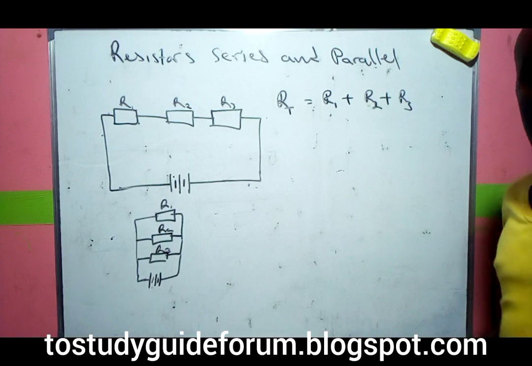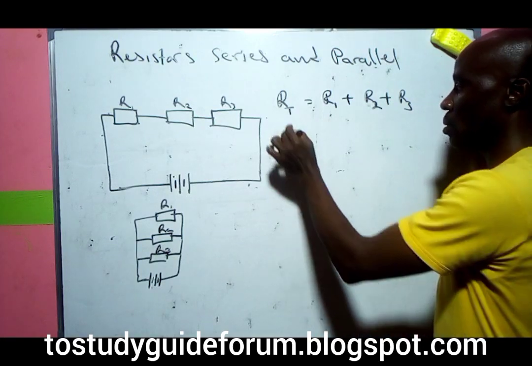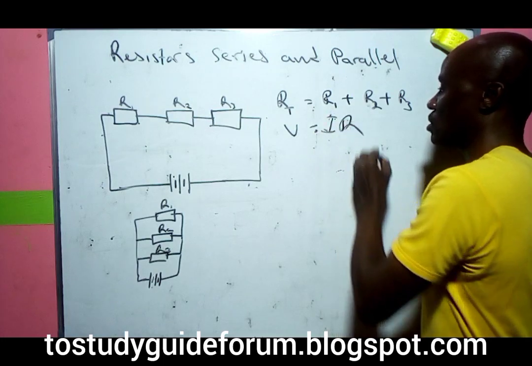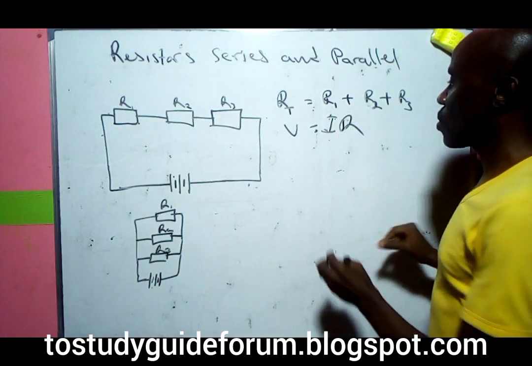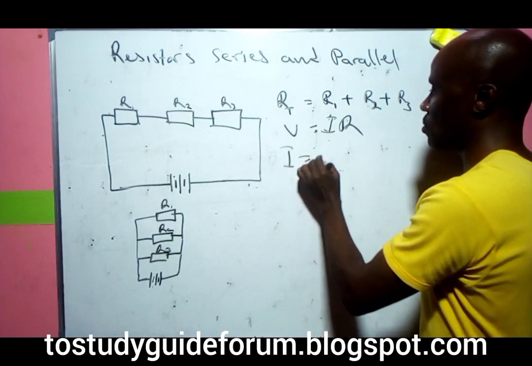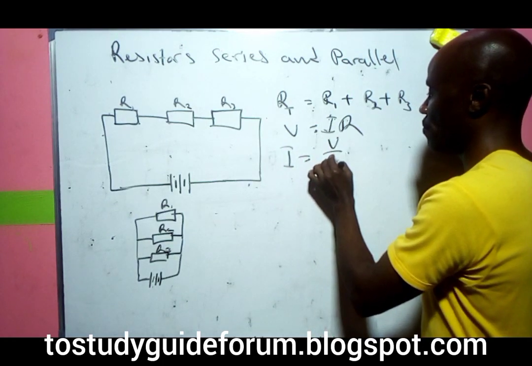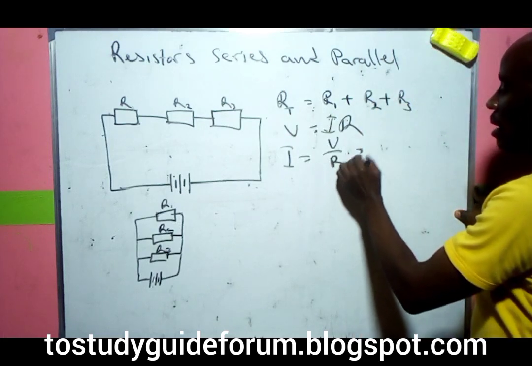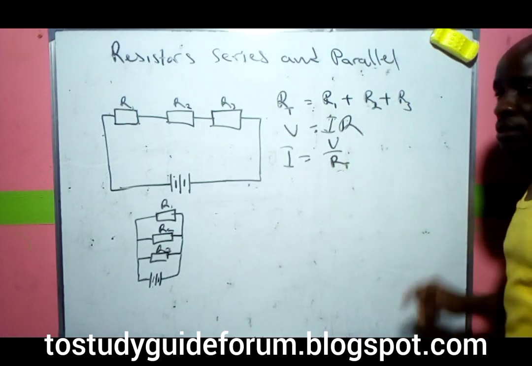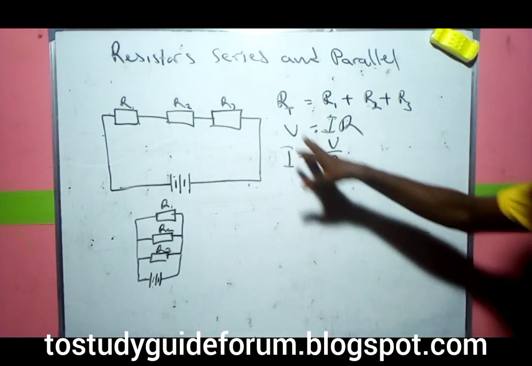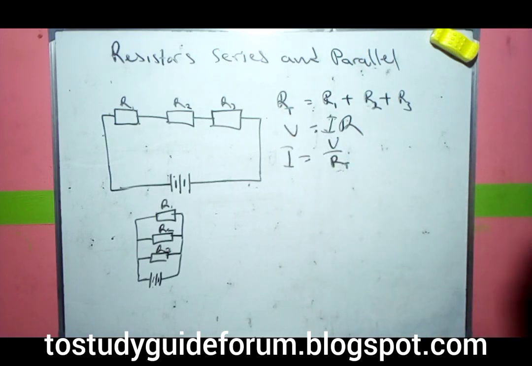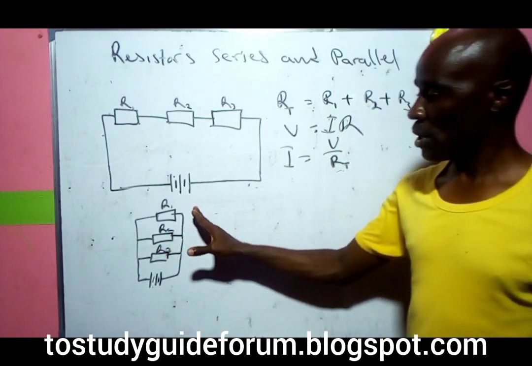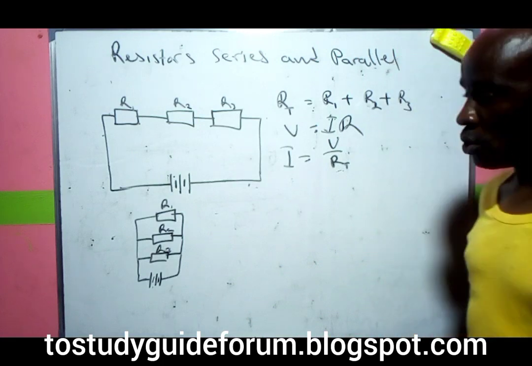Now using Ohm's law, to calculate the current, I is equal to V over R, which is V over the sum, the total of all the resistors.